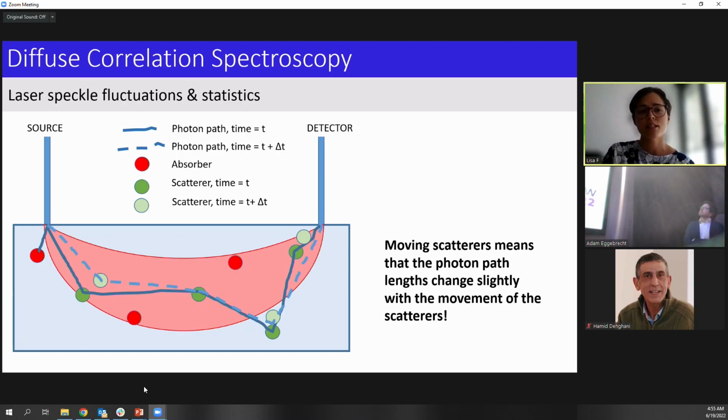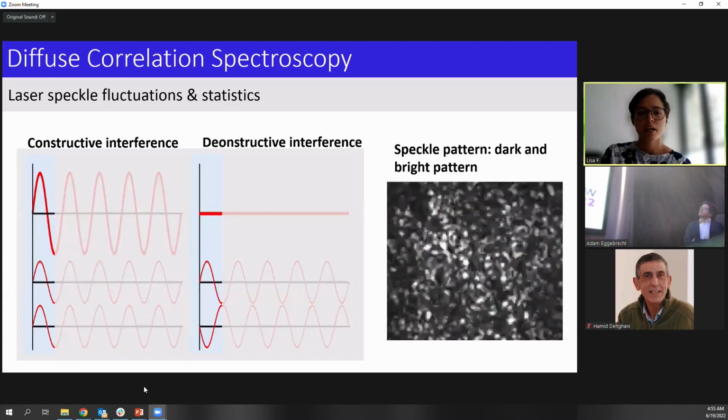But what we're interested in DCS is the fact that these scatterers, the main scatterers in biological tissue being the red blood cells, actually move with time. What that means is that the photon path length is changing slightly with the movement of the scatterers. Now, when the photon path length changes, at the detector you're going to see constructive and destructive interference, which translates to bright and dark spots at the detector. These bright and dark spots are called speckles. So we call this a speckle pattern.